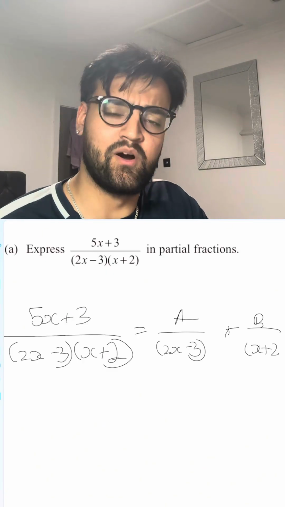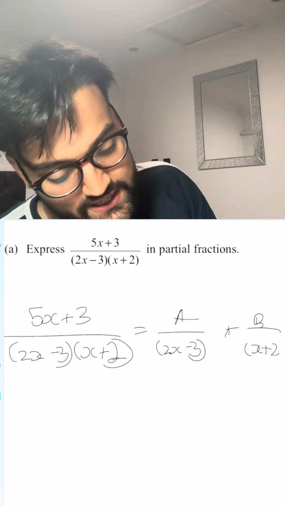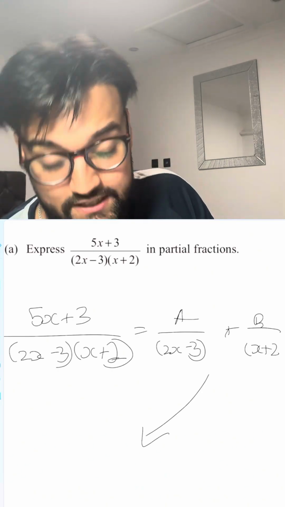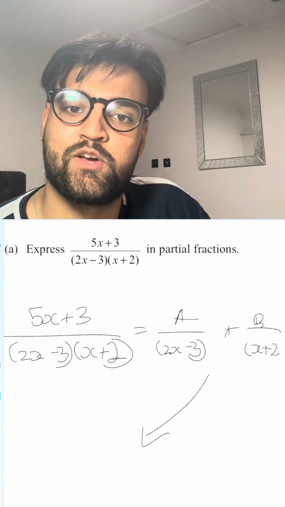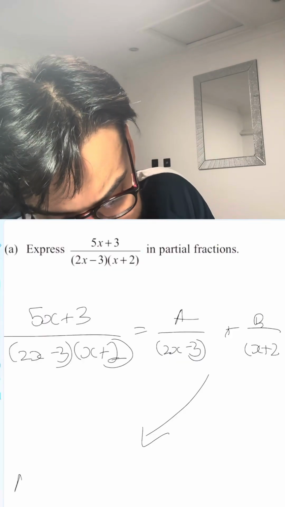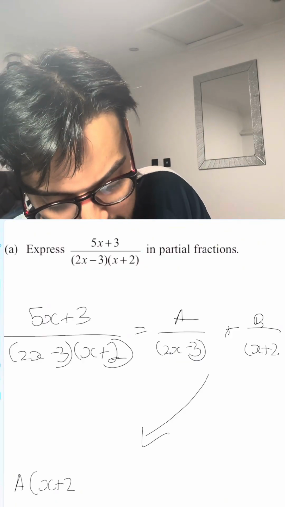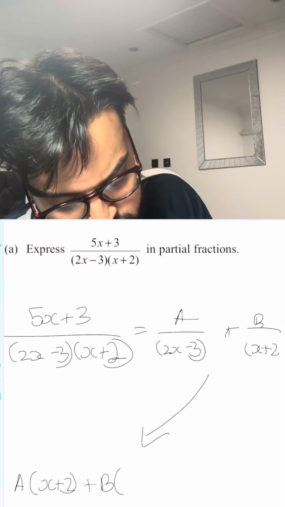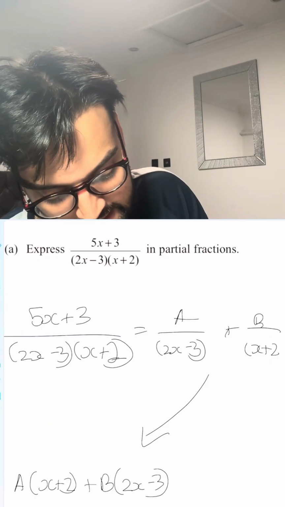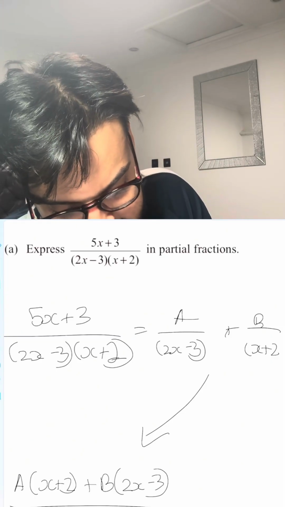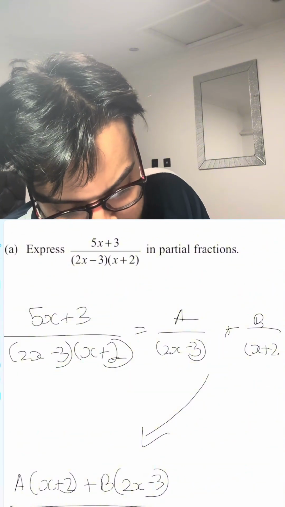To find out what a and b are, we have to add up the right hand side. If I add up the right hand side using cross multiplication, which I'm sure you guys know by now, it's simply a lots of x plus 2 plus b lots of 2x minus 3, and the denominator is just 2x minus 3 lots of x plus 2.